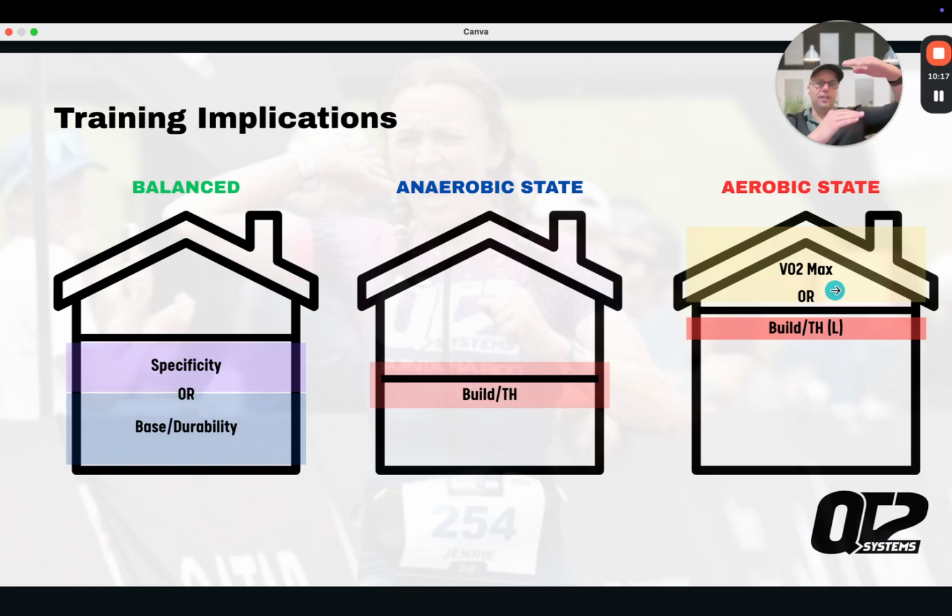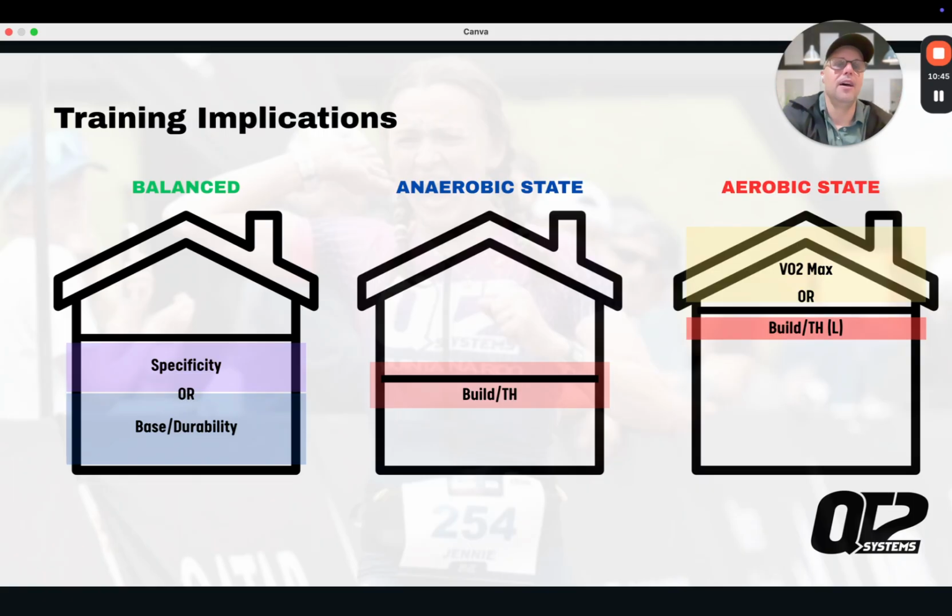Okay, to increase that attic space by trying to raise the roof, or we can not attempt to increase that attic space and instead try to improve the athlete's ability to maintain paces around or just below critical power for longer periods of time, to extend out the length of time that they can maintain that aerobic ceiling.